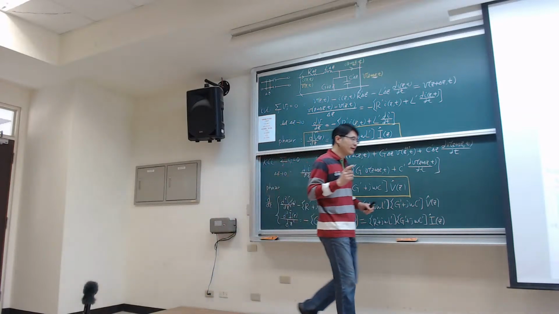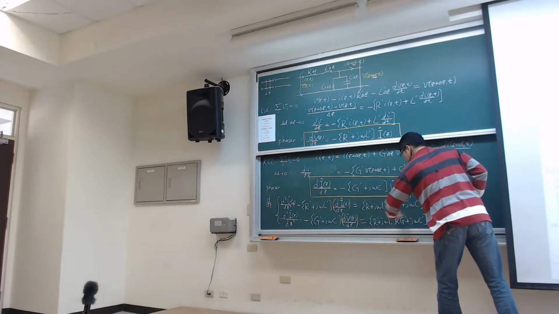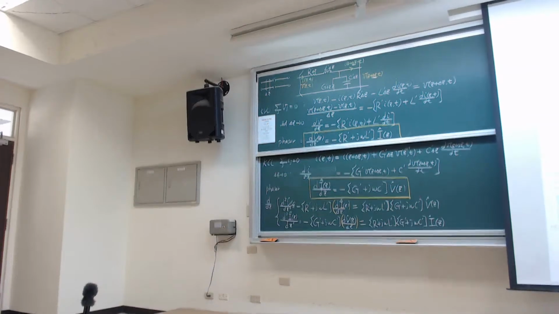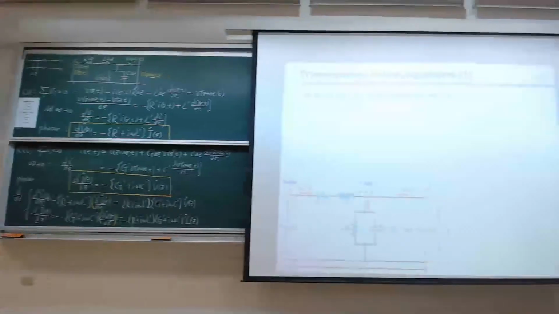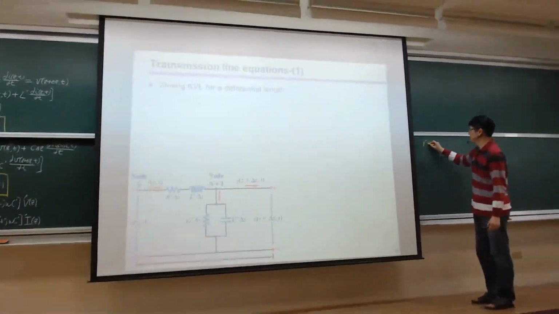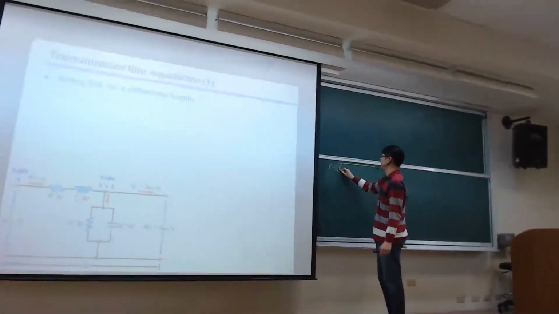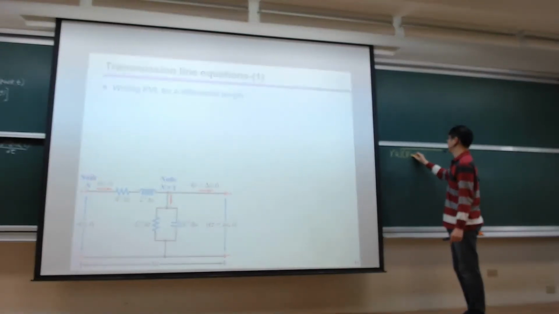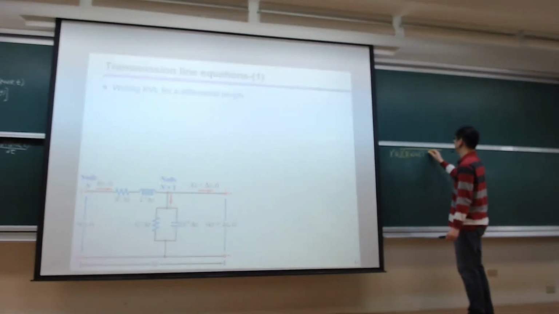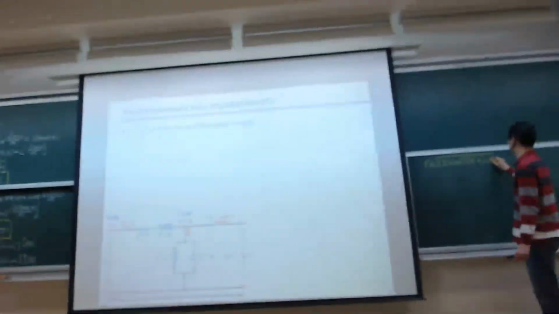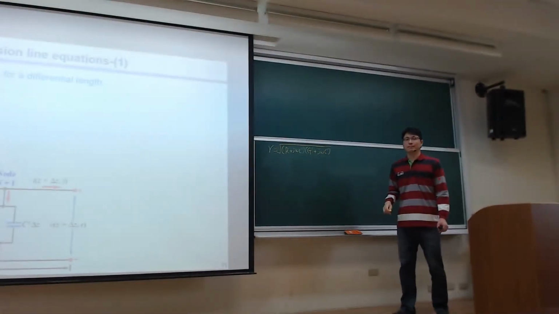So if I can rename this very messy stuff, if I can define gamma as the square root of the messy parameter before the variables. Okay.